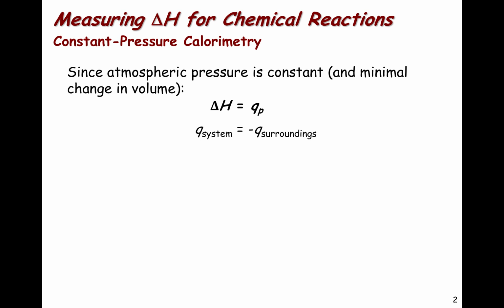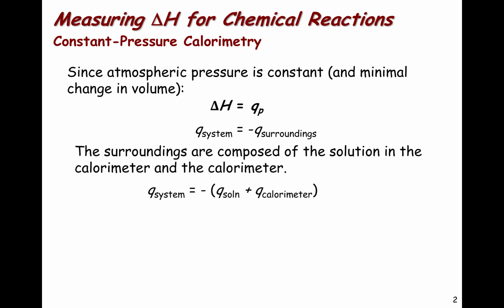And so the surroundings in the case of our calorimeter will be not only the cups, but also the liquid that is contained within the cups, and the system is the specific reaction. So it turns out that the Q of the system is negative of what the Q is for the surroundings.